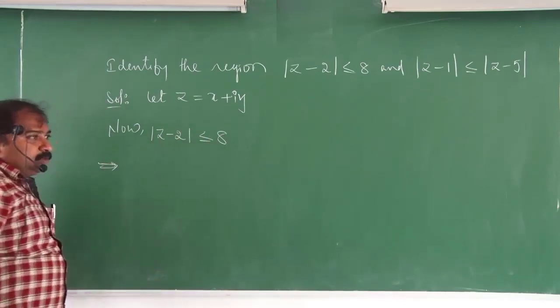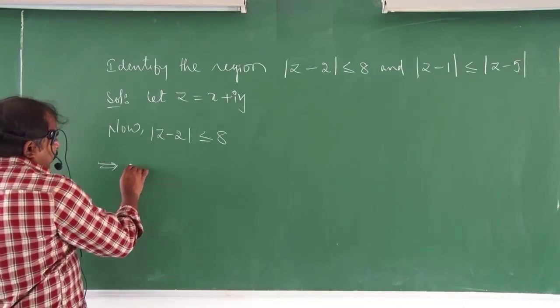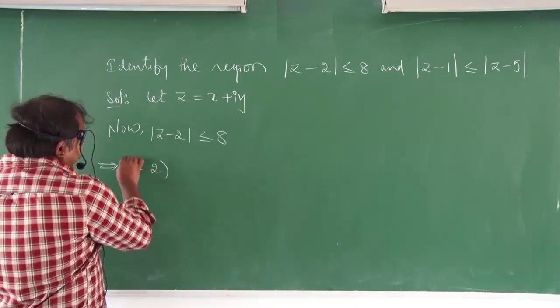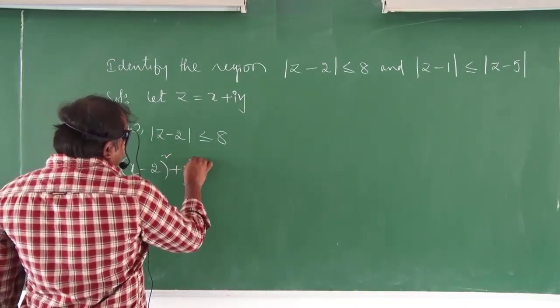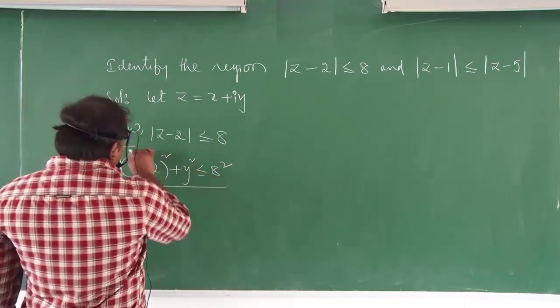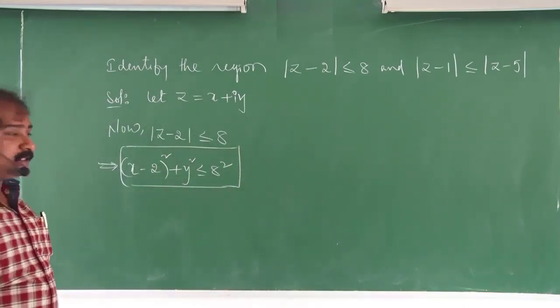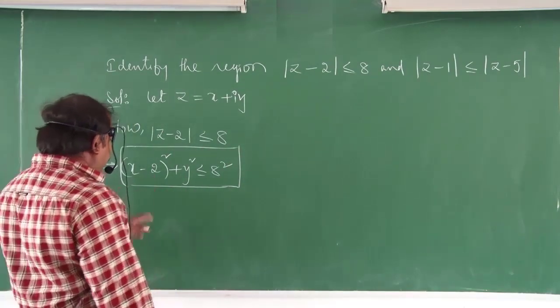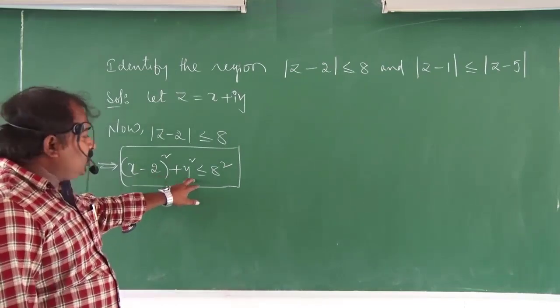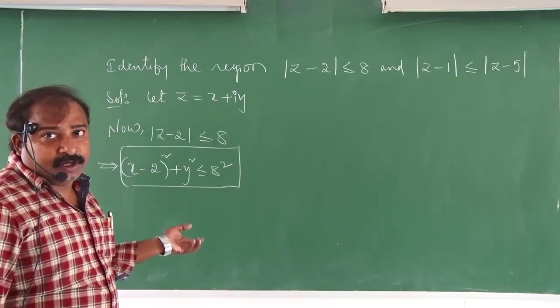Modulus is nothing but the distance between z and 2. If you simplify, (x minus 2) whole square plus y square less than or equal to 8 square. So which equation indicates the circular disk? If you observe here, (2, 0) is the center and the radius is 8 units, and this indicates the circular disk.